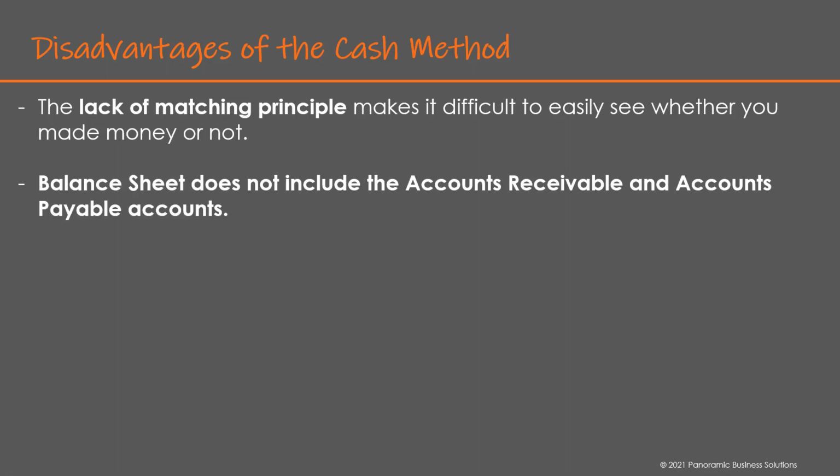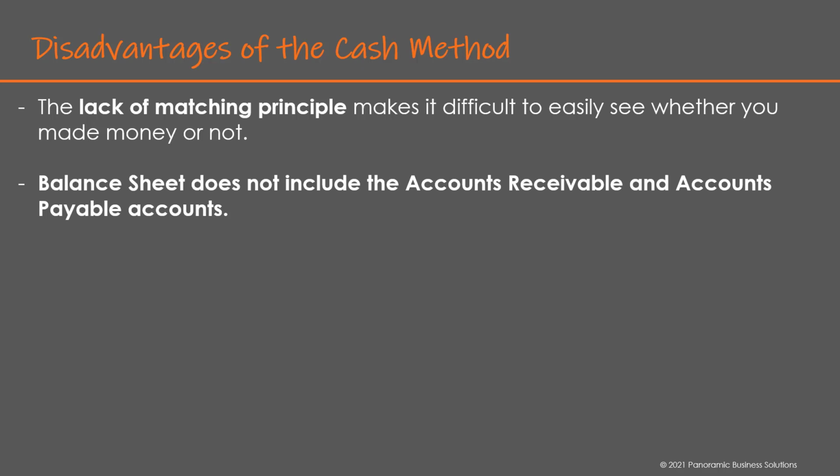Also keep in mind that the balance sheet does not include two very important accounts: accounts receivable and accounts payable. Accounts receivable is the actual holding account that helps you track which customers owe you money, how long they have owed you money, and how much. Accounts payable provides you the information on which vendors you owe money to, when those payments are due, and how much you owe.